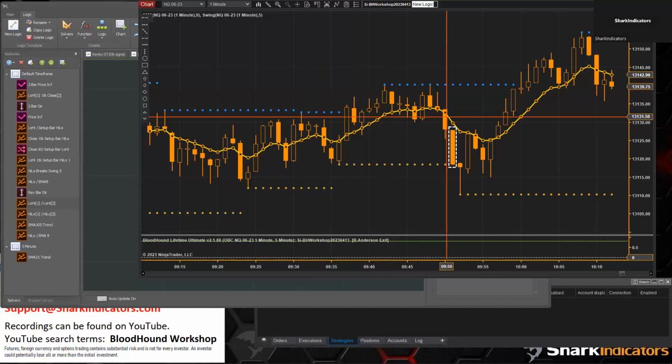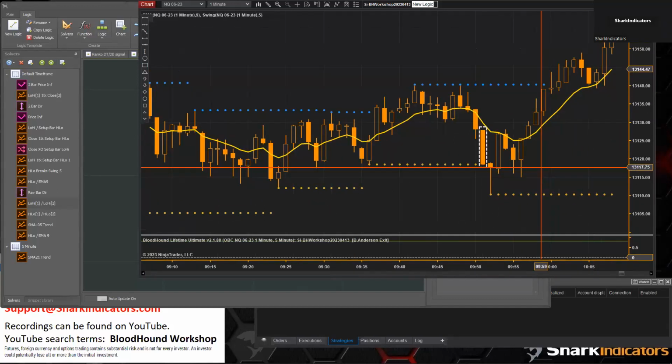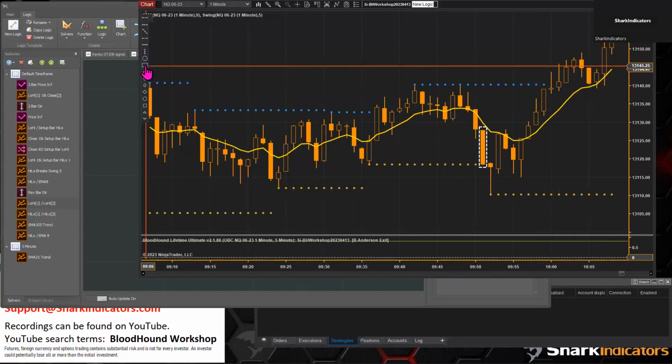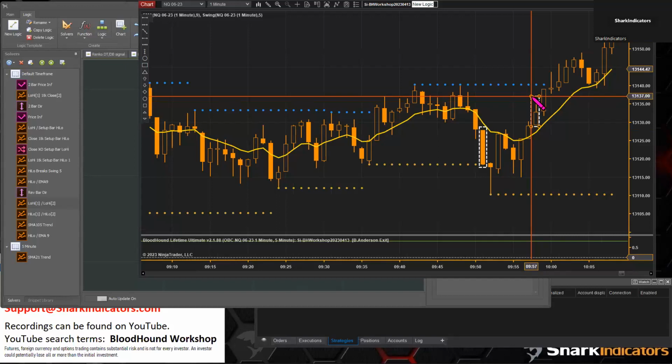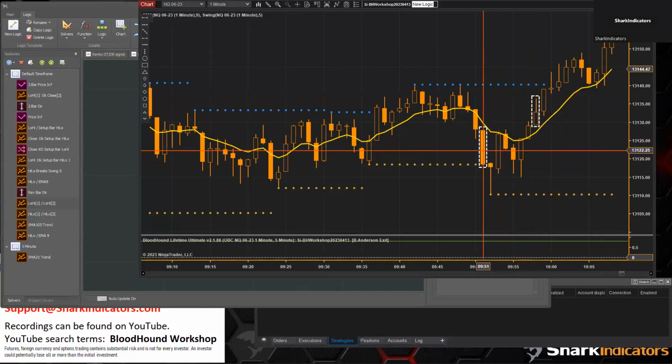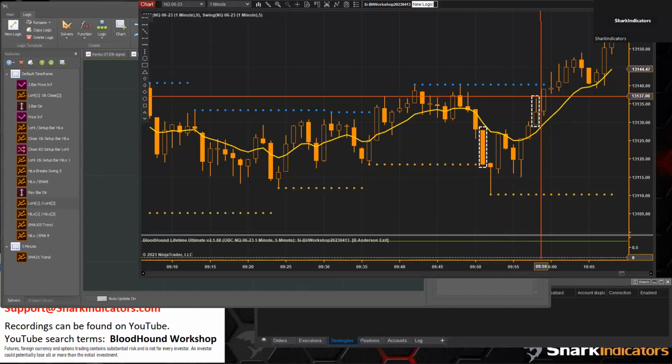And then of course, vice versa. That would be an exit signal if there was a short trade setup.